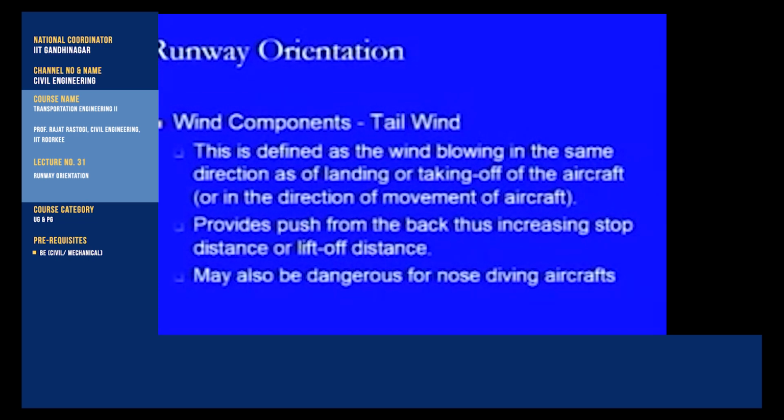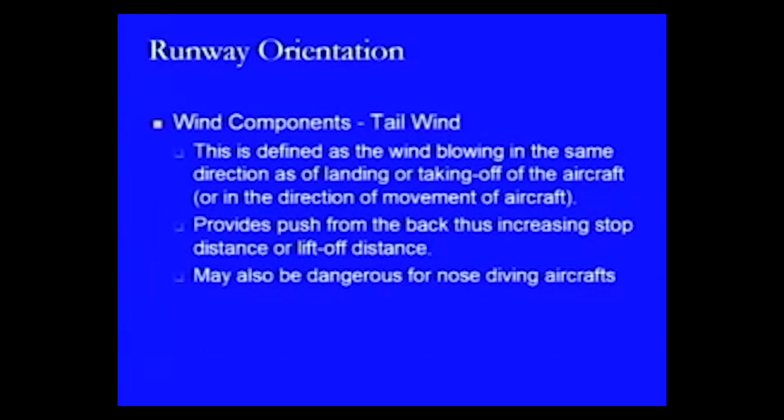And in that sense it is going to be dangerous for the nose diving aircrafts. This is the case where the nose of the aircraft is going towards the downward elevation as compared to the tail of the aircraft.